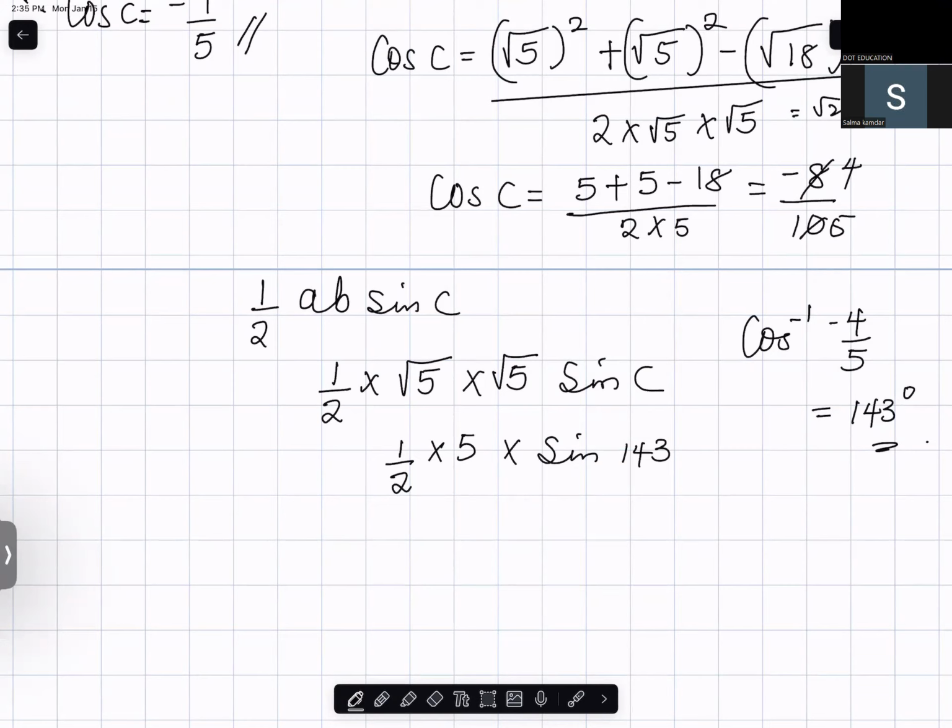Multiplied by 5, 5 sine 143 gives 3, divided by 2. We have our answer as 1/2 centimeters squared. So that is the area for triangle ABC.